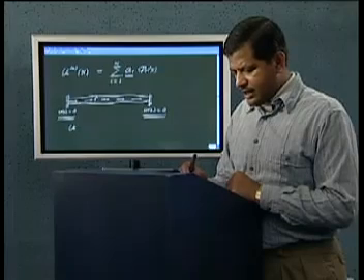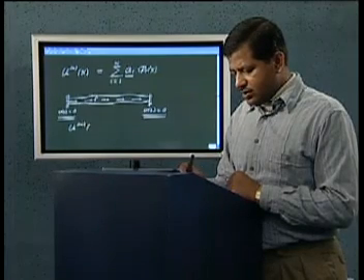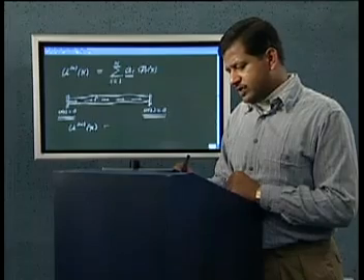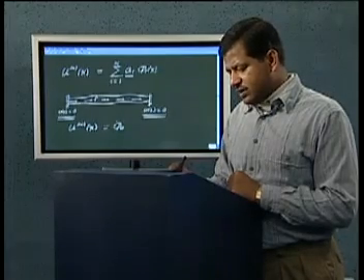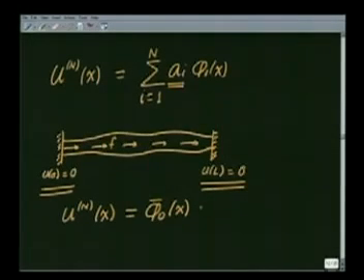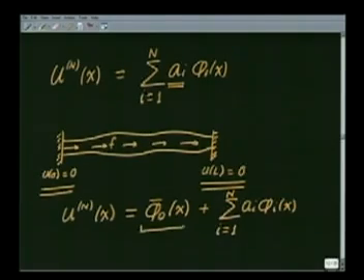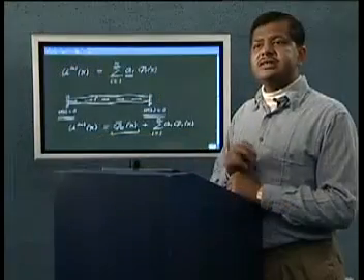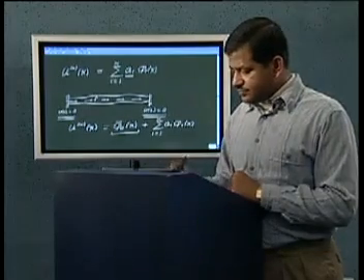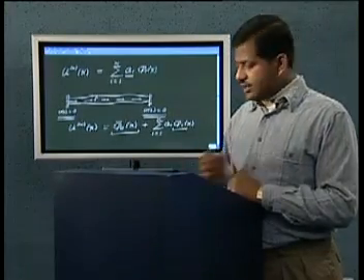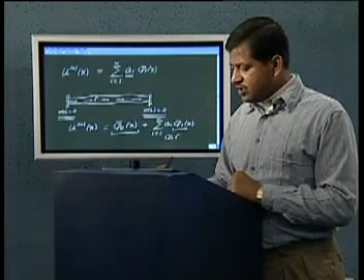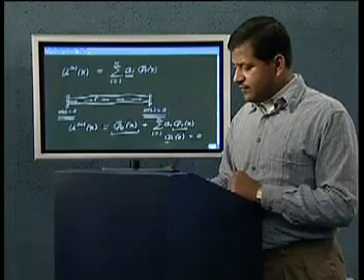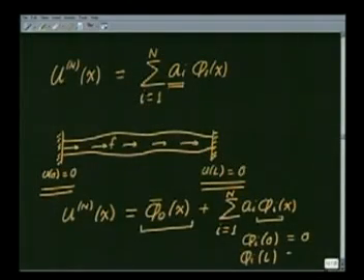We will take again u n of x equal to phi 0 bar of x plus summation of i equal to 1 to n a i phi i of x, where this phi 0 bar has the job of satisfying both these end conditions, and the phi i's will be such that phi i at 0 is equal to 0 and phi i at L is equal to 0.